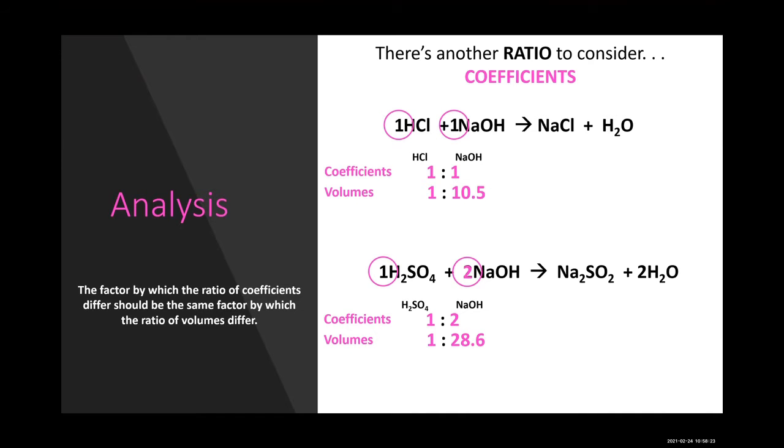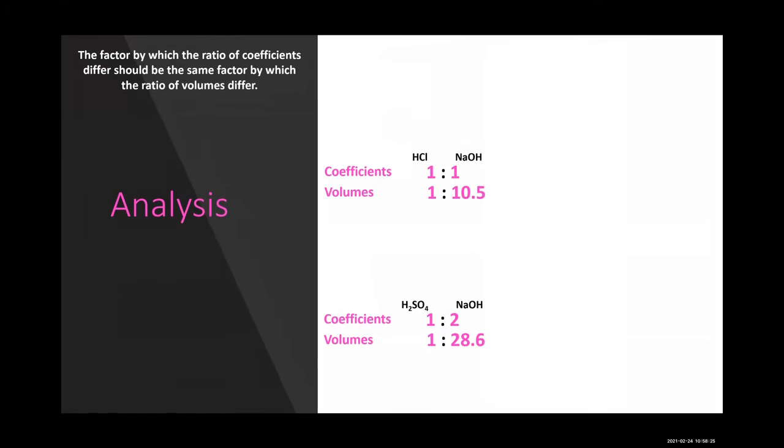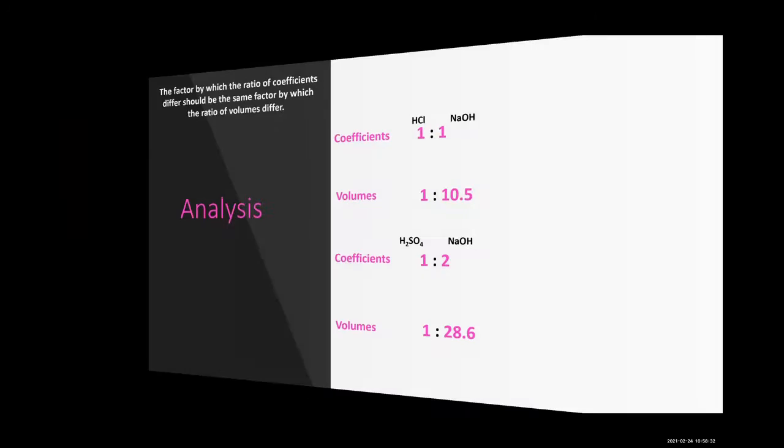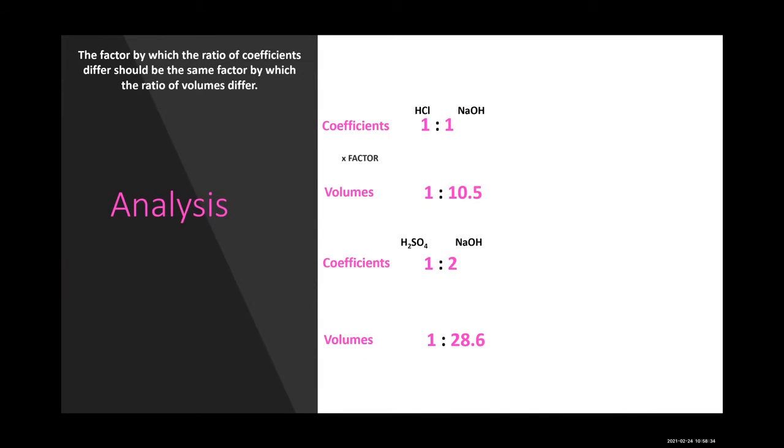Well, what could be going on here? If we have a look at these ratios a bit closer, we'll discover that we can take our data and see by which factor the ratios differ. For our hydrochloric acid trials, our ratios differ by a factor of 10.5.